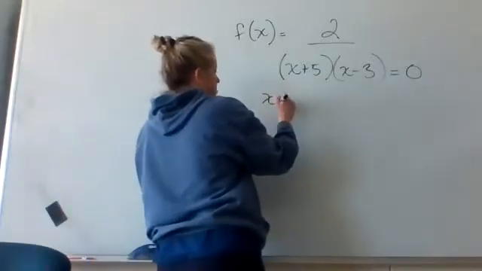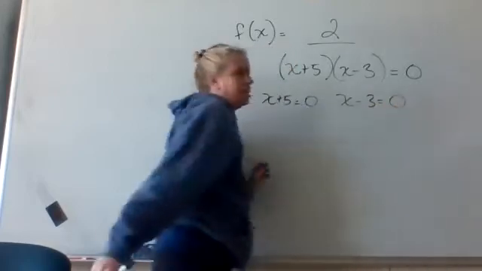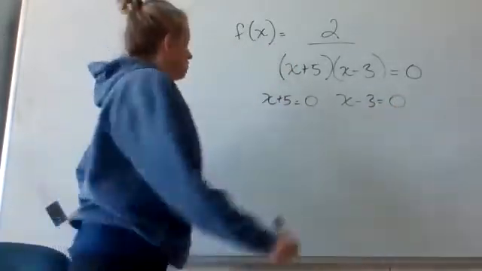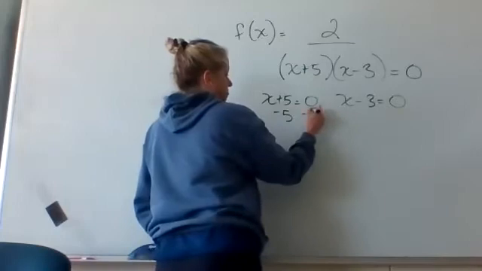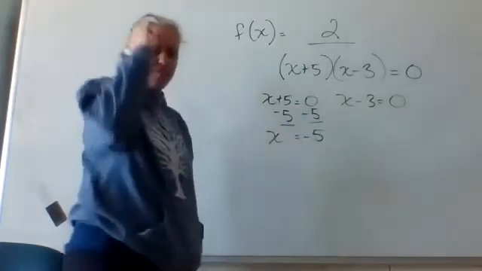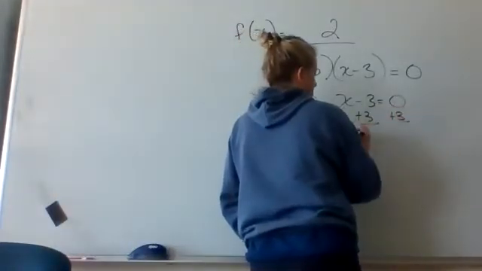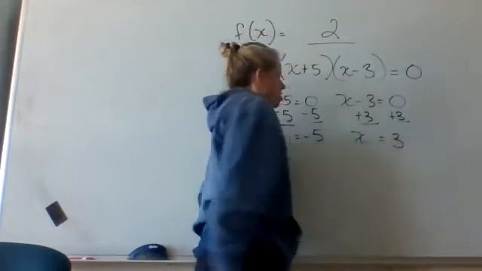So here, x plus 5 equals 0 and x minus 3 equals 0. And solve them for x. So subtract 5's here. So x equals -5 and add the 3 here. So x also equals 3.